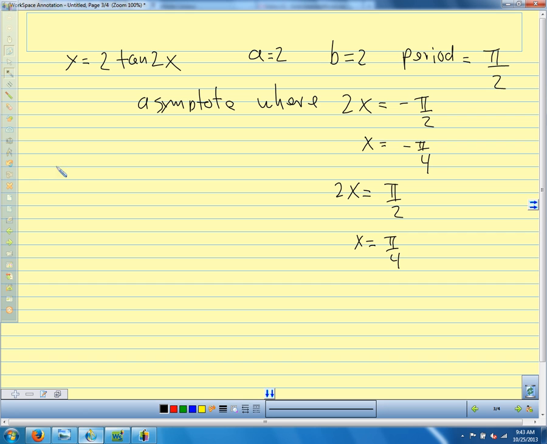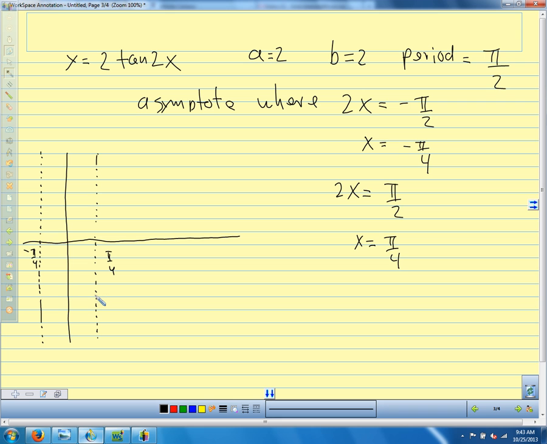All right, so I can start sketching my graph. Probably have to find a little bit more information after we start sketching. So I'm going to put my first asymptote at negative pi over 4. And the next asymptote at pi over 4.